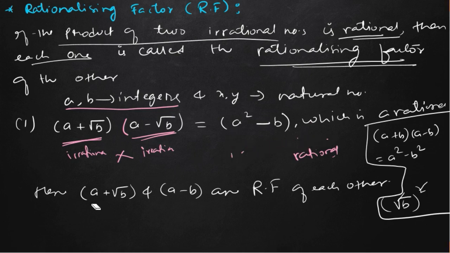Which ones are the rationalizing factors? a plus root b and a minus root b. These two will be our RF, rationalizing factor, if and only if these two are irrational and their product is rational. Fine.